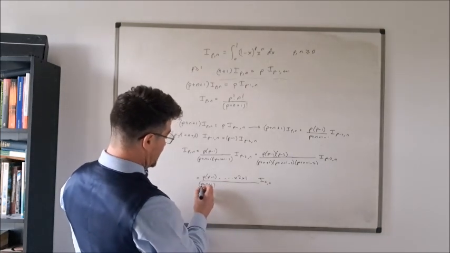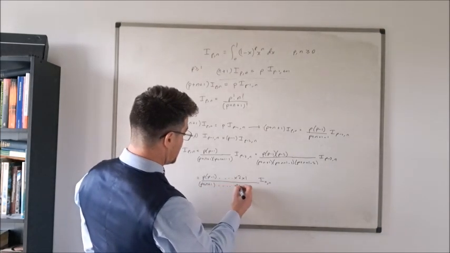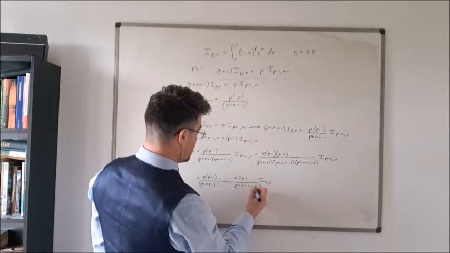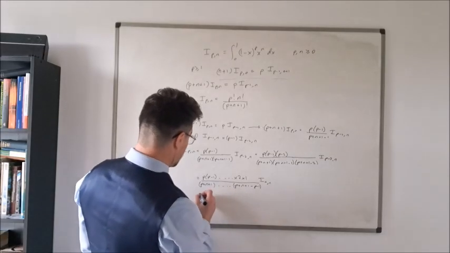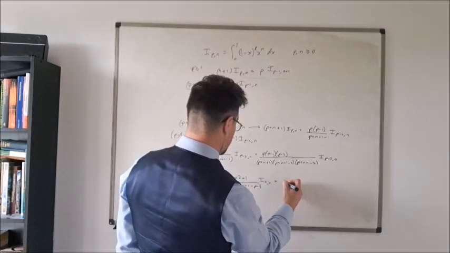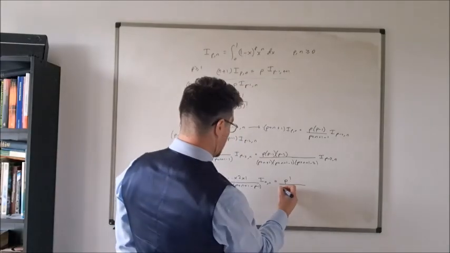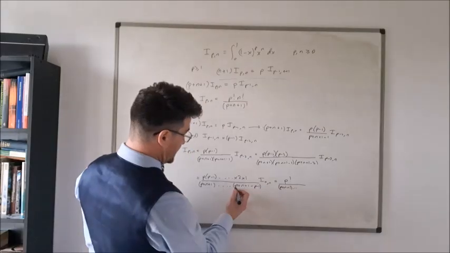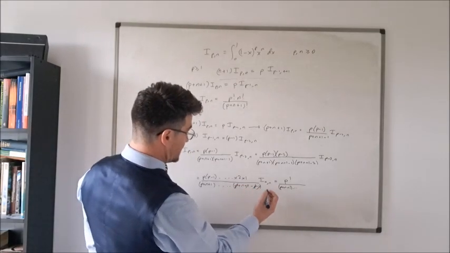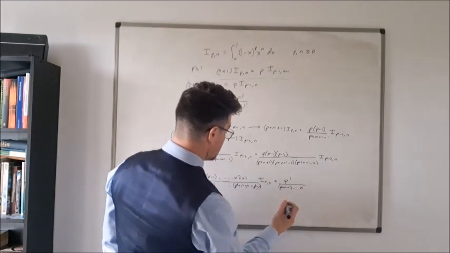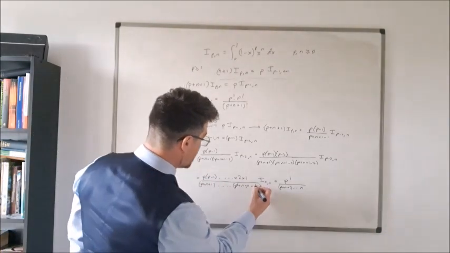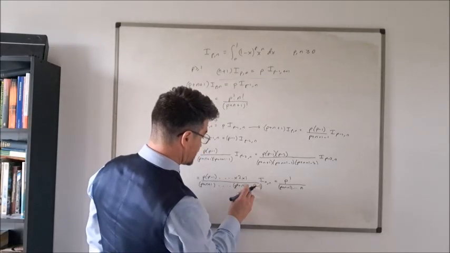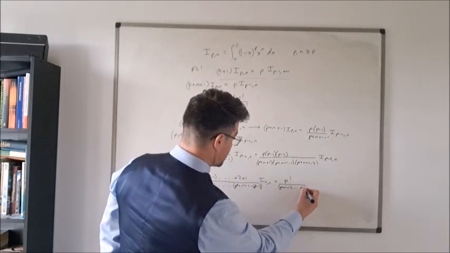So I started at p + n + 1, so I'm going to go down to p + n + 1 - (p - 1), which is equal to, well, that's p factorial over p + n + 1 down to, there's going to be some cancelling here. Sorry, no, that should be in brackets, so that doesn't cancel. I'm glad I spotted that. So that's going to be n + 2.